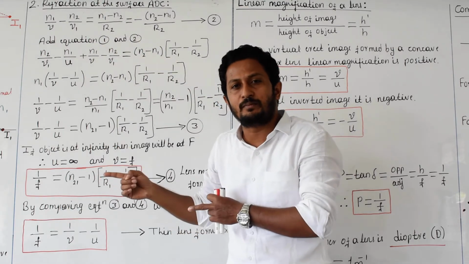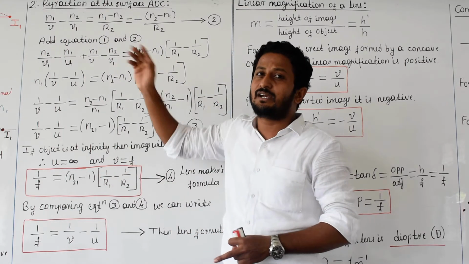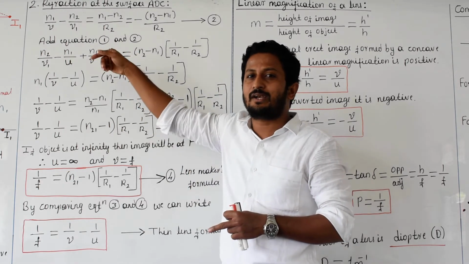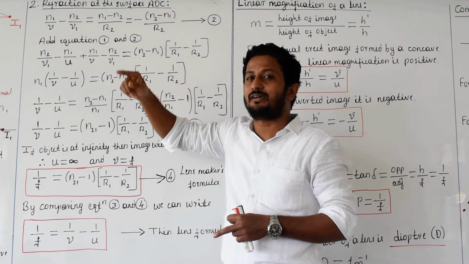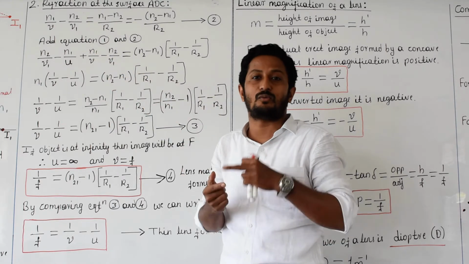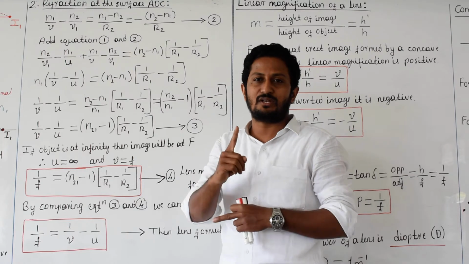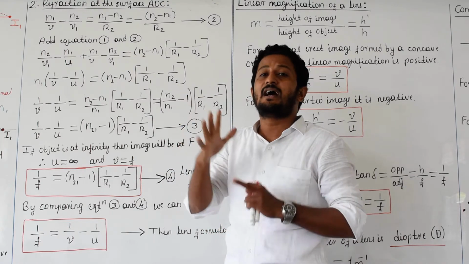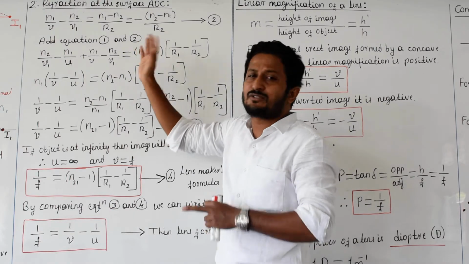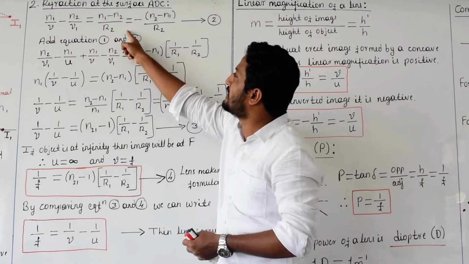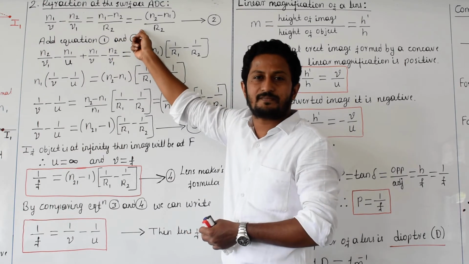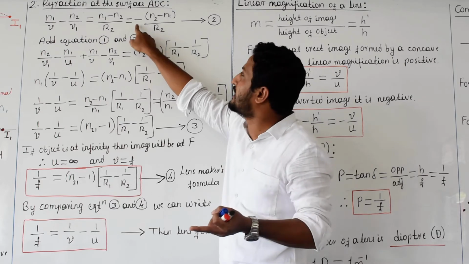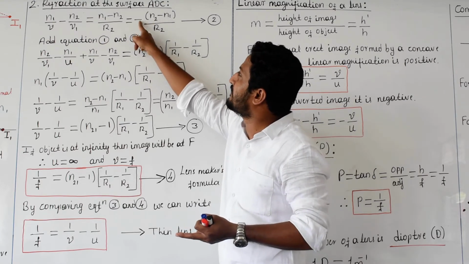In equation 1, when you look at the RHS, in the numerator you have written n2 minus n1 by r1. To take this in the same way, here I have taken minus as common.